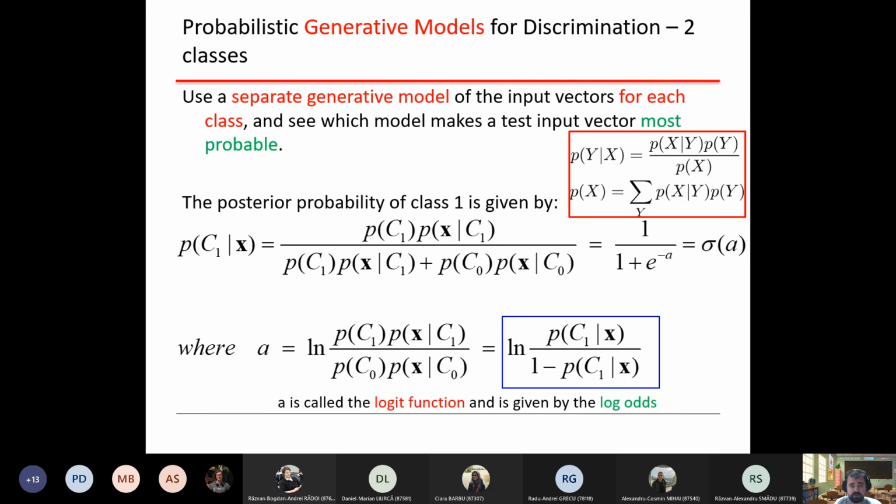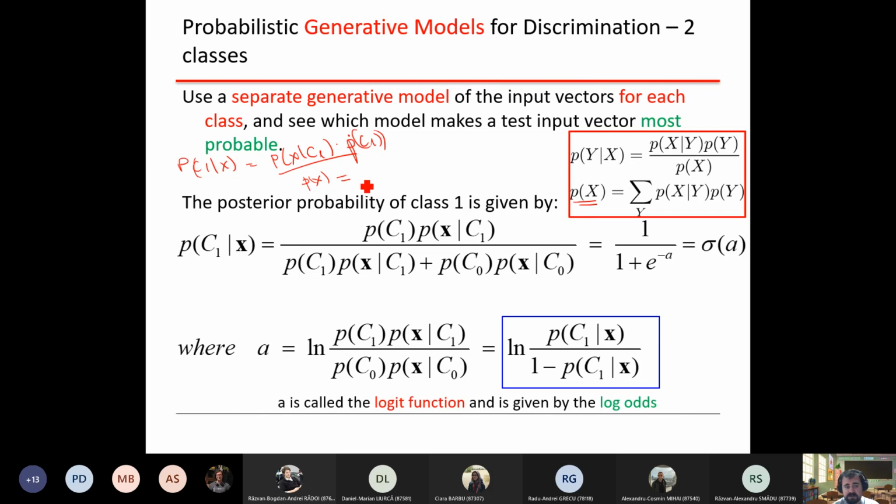Now, if we have only two classes, we'll use Bayes rule and the product rule, and we'll have P of C1 given X equals P of X given C1 multiplied by P of C1 divided by P of X. Now, if we have two classes, P of X, according to the sum rule, is the sum over classes.